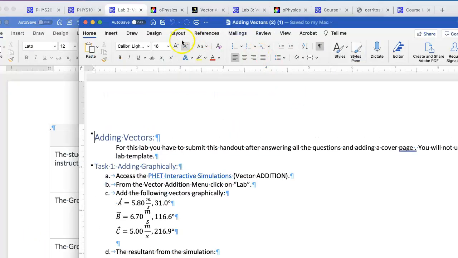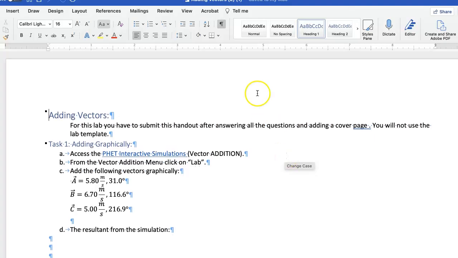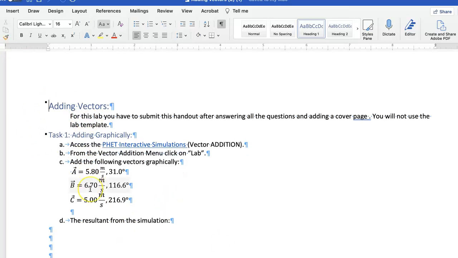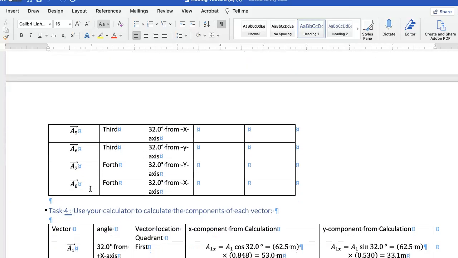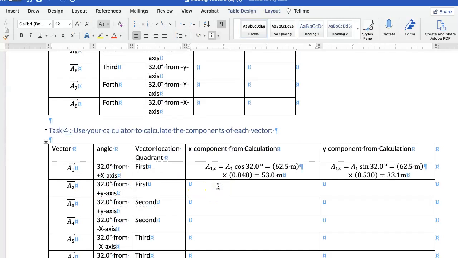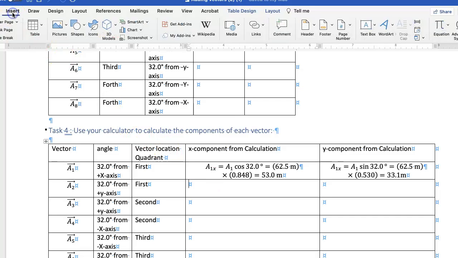Okay, this is my document. Of course, this document you can edit. We did practice this in lab number 1, how to use equations, but again I can download it and I can insert an equation.